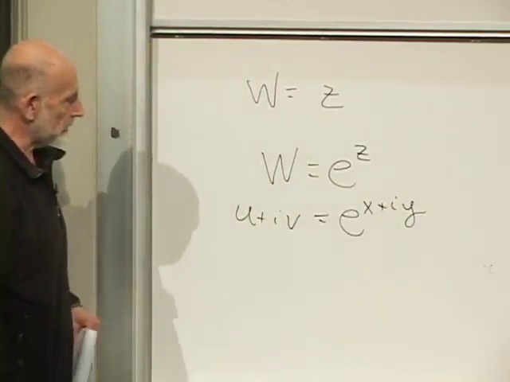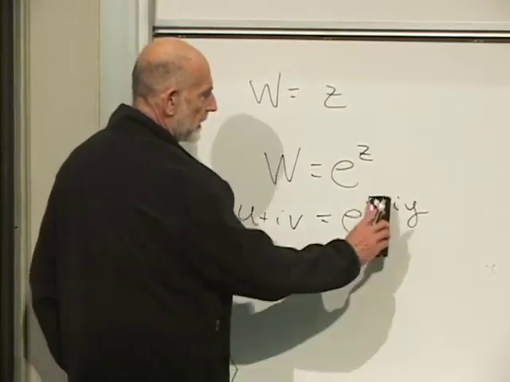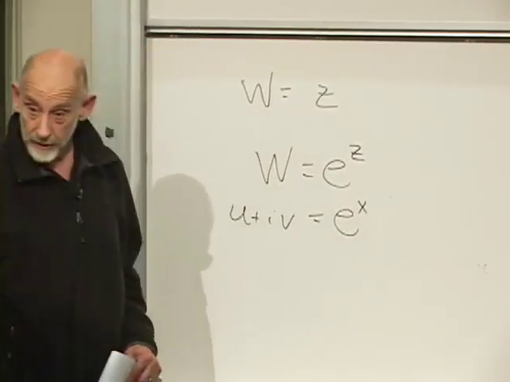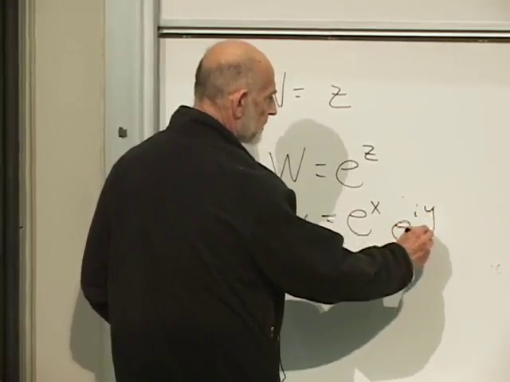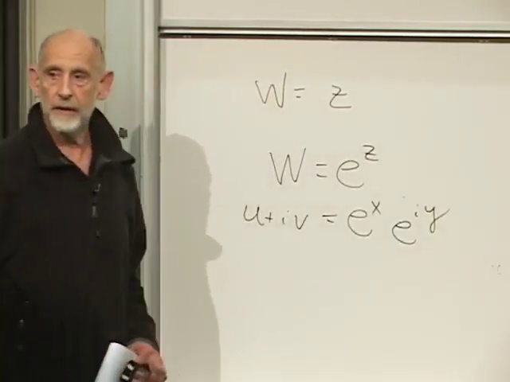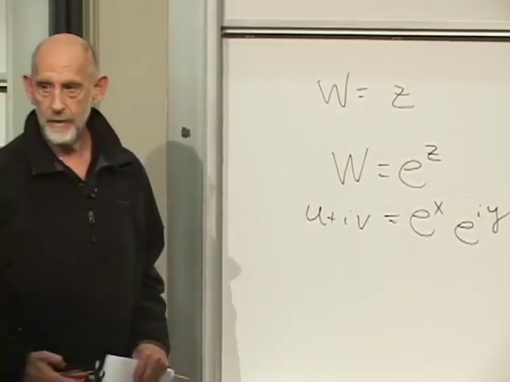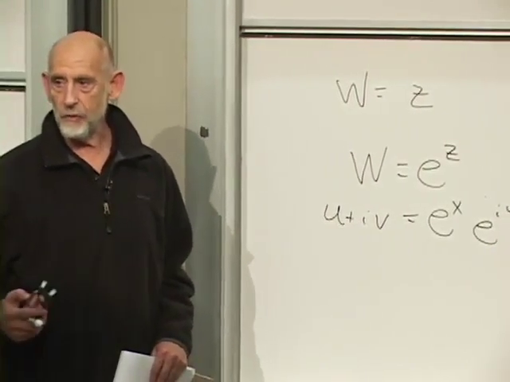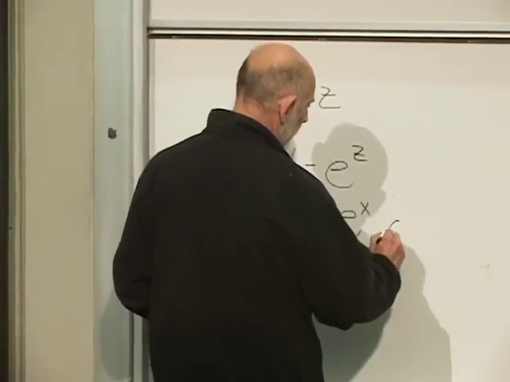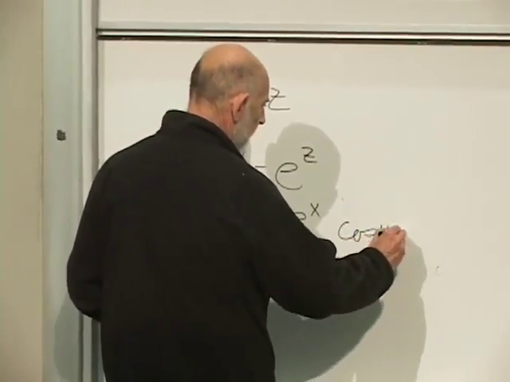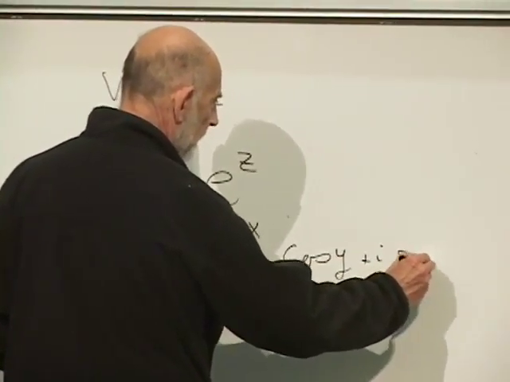That's the same as e to the x, which is real, times e to the iy. Is there another way to write e to the iy? Cosine of y plus i sine of y.